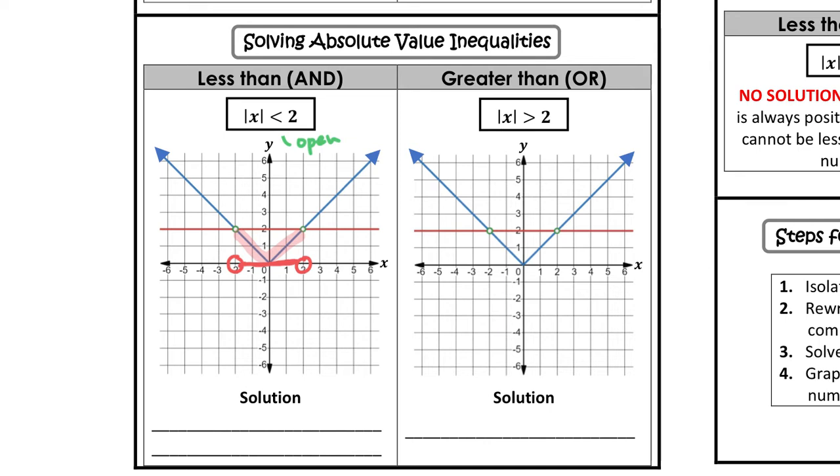Now, what about the other side, the right side, the greater than? Greater than means everything that's greater than 2, again, it's going to be open because of this symbol. And greater than 2, that's going to cover this part of the graph.